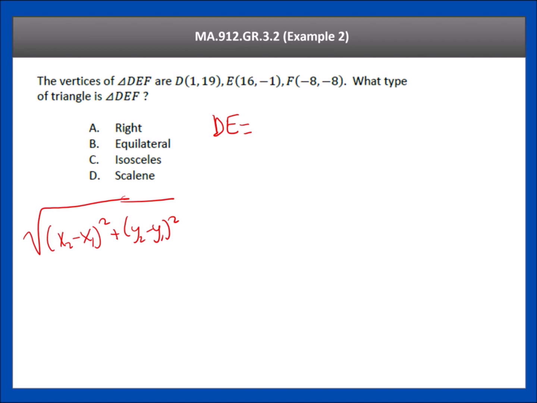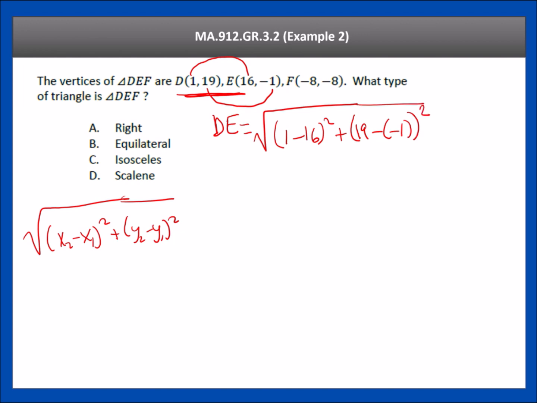If I apply that to D and E, I subtract the two x coordinates and then subtract the two y coordinates. So the square root of 1 minus 16 squared plus 19 minus -1 squared. The double negative turns into a positive. So 1 minus 16 is -15, and 19 plus 1 is 20, so we have 20 squared.